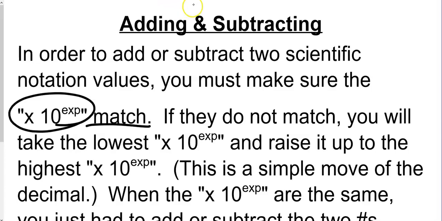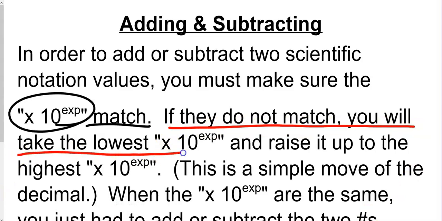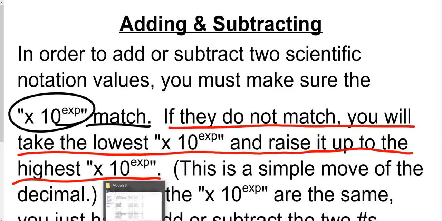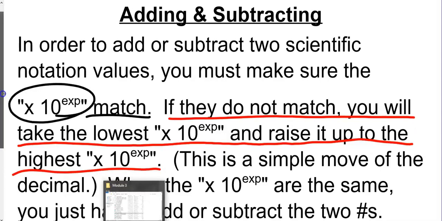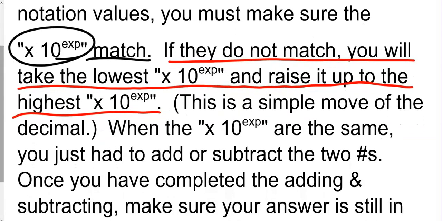If they do not match, then I provided you how to fix that. You will take the lowest times 10 to the exponent and raise it up to the highest. So all we're going to do is move the decimal to the left until we get to the exponent that we want.